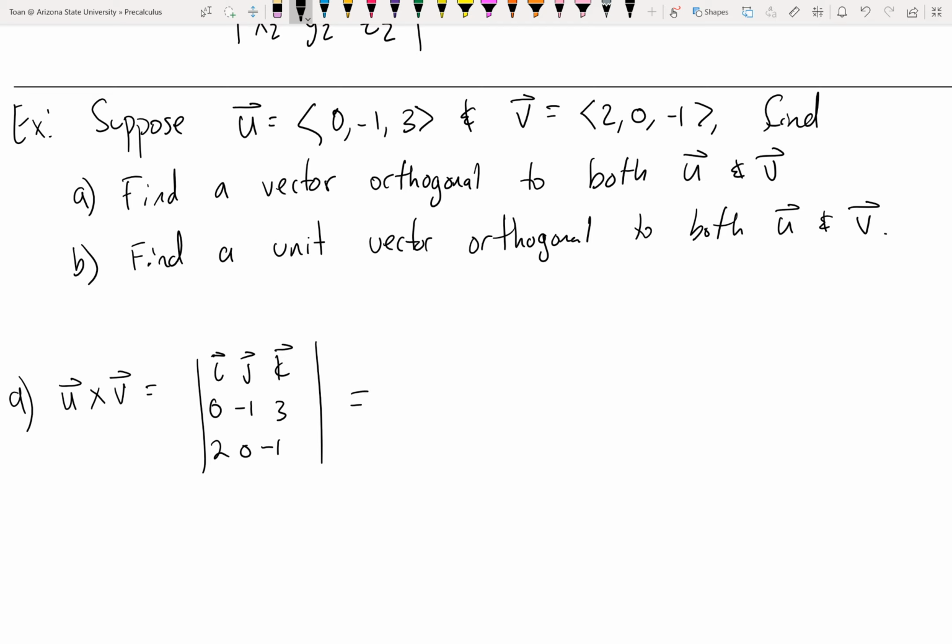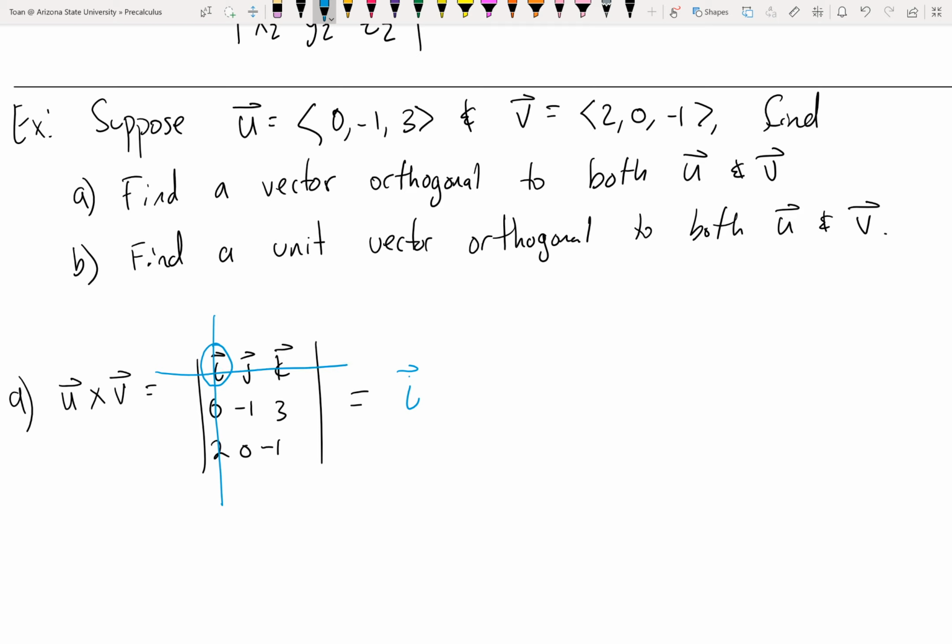So let's refresh our memories on cofactor expansion. Cofactor expansion requires you to expand on either a column or a row, but for the cross product, you typically always want to expand upon the first row. It makes things a heck of a lot easier. So what you do is you write down the element. So this is element i. And then you eliminate the row and column it is in.